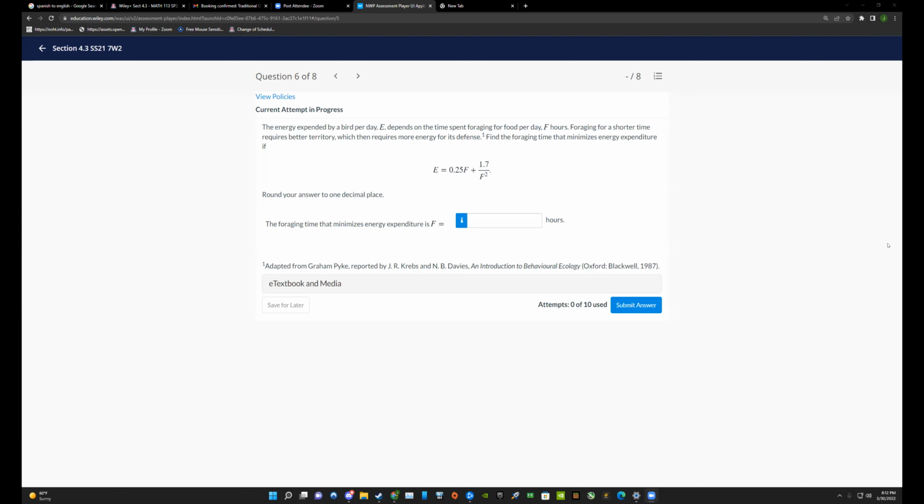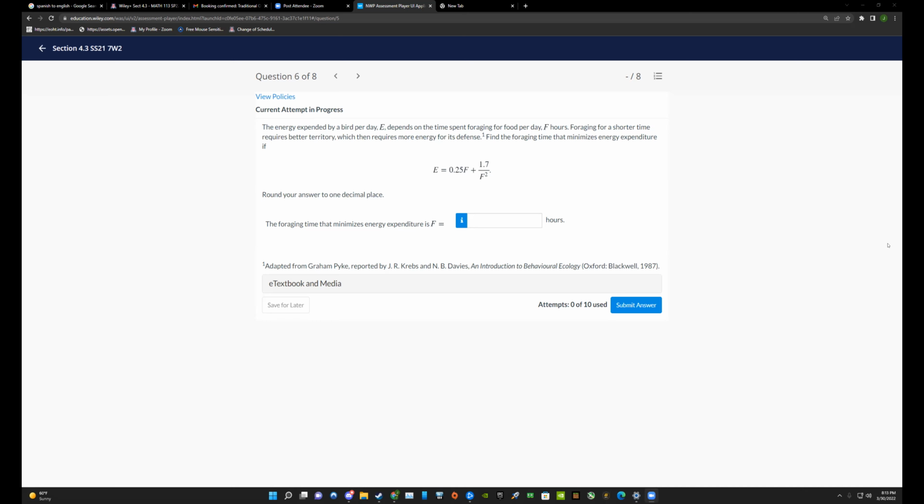It doesn't really matter. Do you want to do this one by hand, or do you want to do it with the graphing? What would you prefer? I think graphing is fine here.